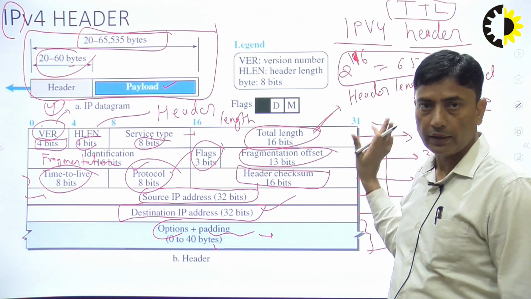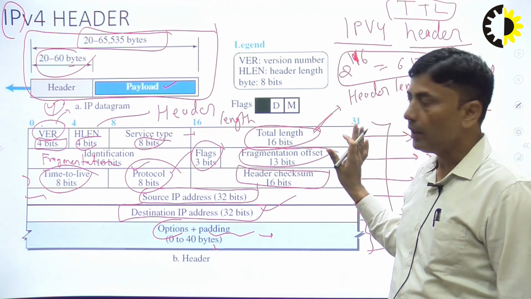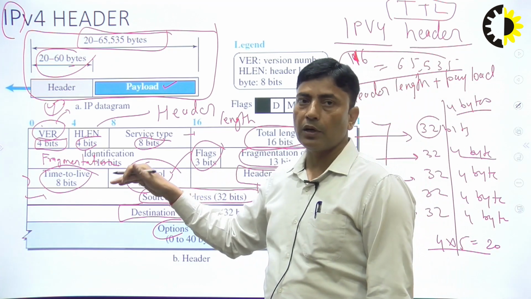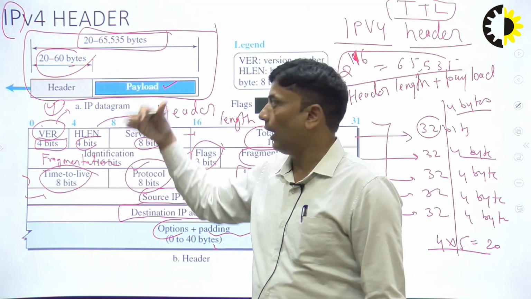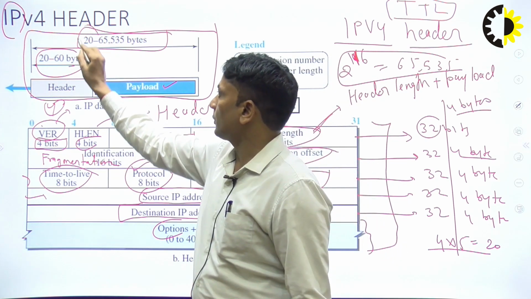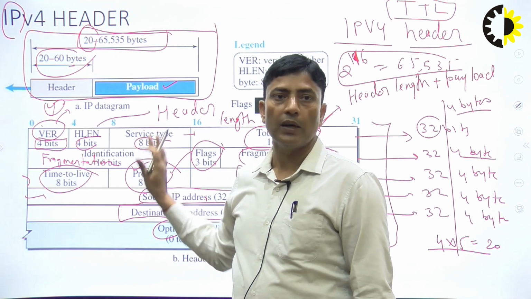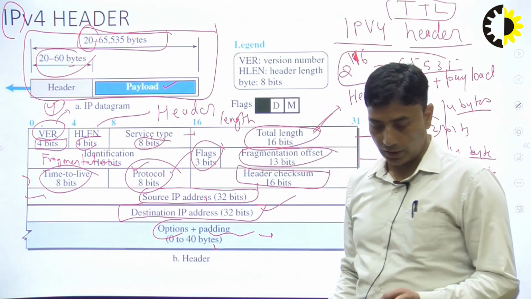So that is the total length of the datagram. But it may be possible that some control packet contains only the header information and the payload is 0, and in that case the datagram size will be the minimum size, which is 20. Okay, so thank you all.